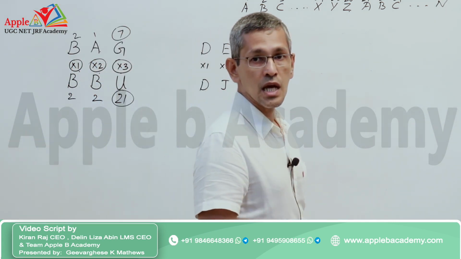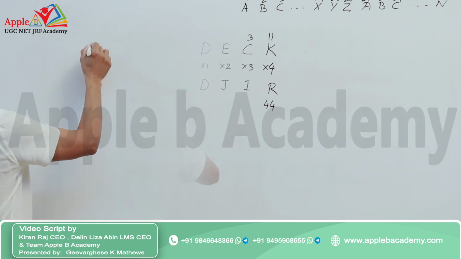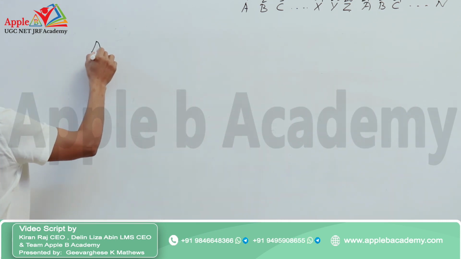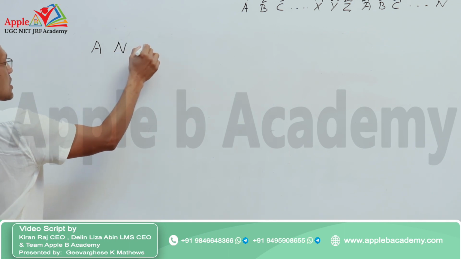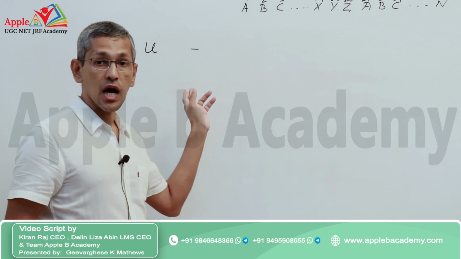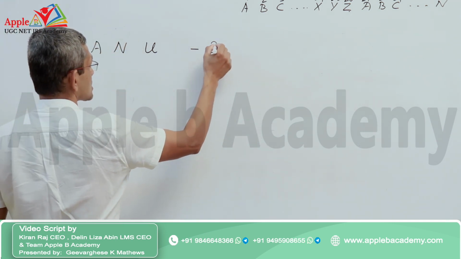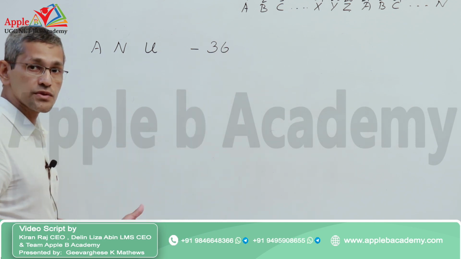Okay, let's take a couple more examples. Let's look at names. Anu. Anu is coded as 36.